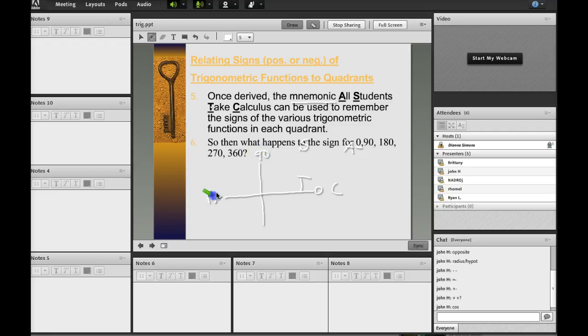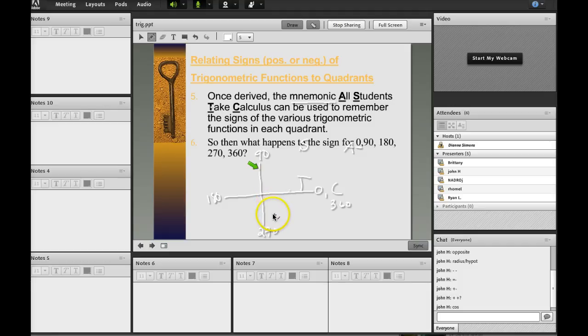This is 180. These are the degree measures. This is 270, and this one over here is also 360. So what happens to the sine for 0, 90, 180? Cosine is positive. What's sine?